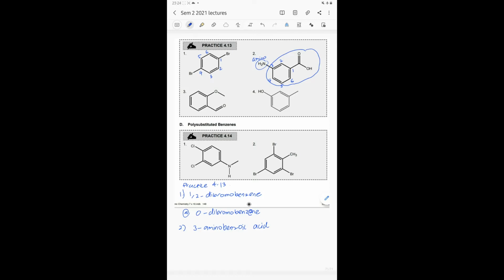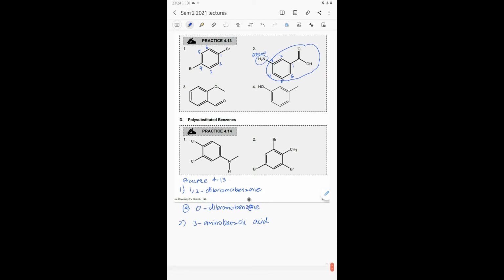Next we have number 3. We give numbers first. Make sure you know which one has the highest priority. It should be the aldehyde. This one is H right here, so it is an aldehyde. So the aldehyde here will be called benzaldehyde. Also refer to page 148.